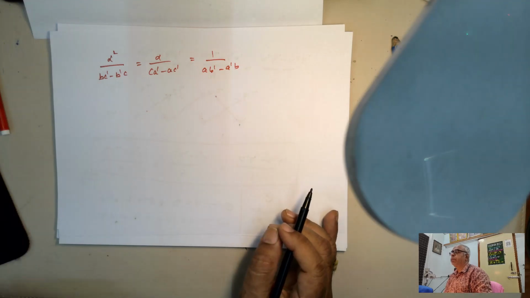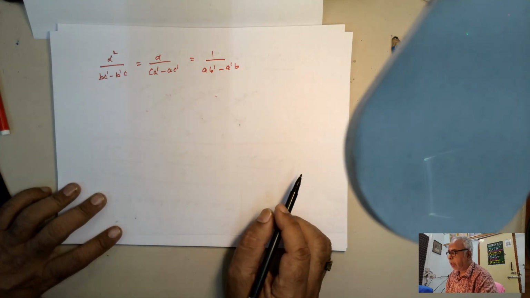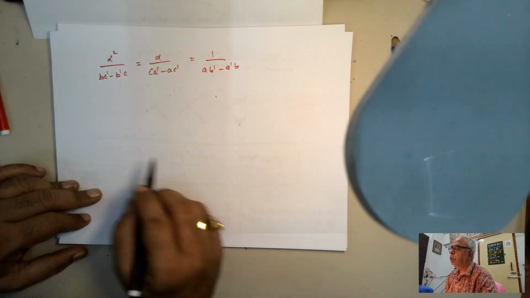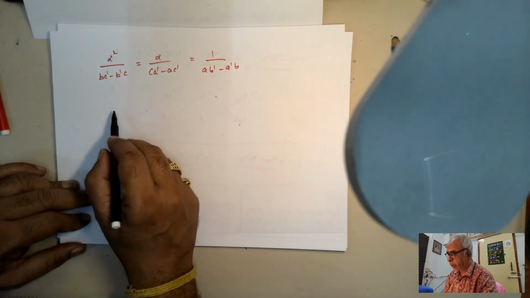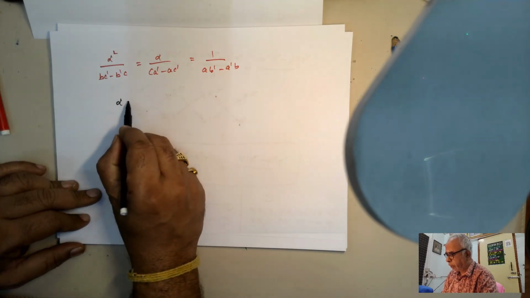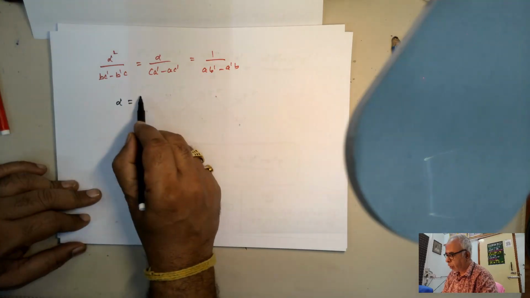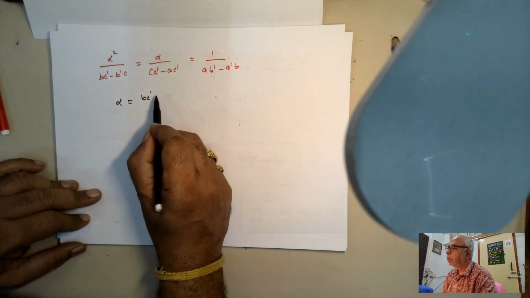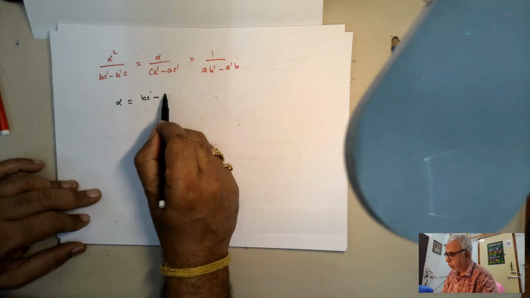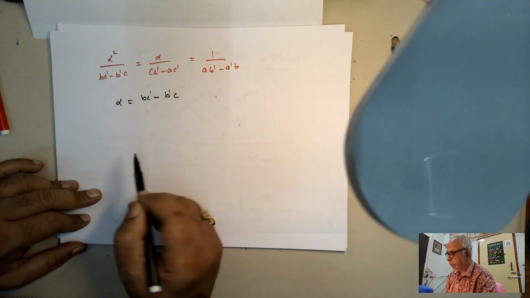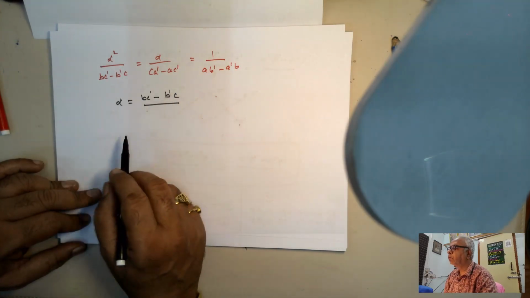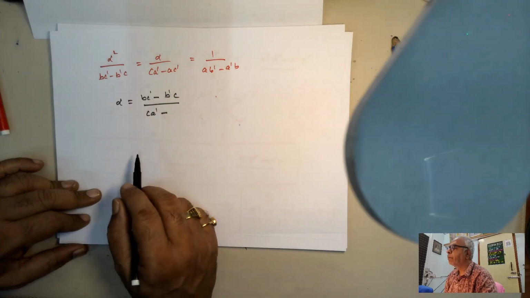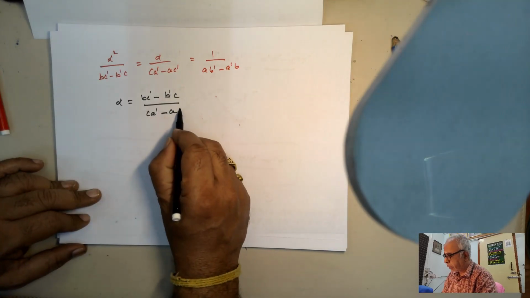Now let us proceed. Alpha is equal to BC dash minus B dash C divided by CA dash minus AC dash.